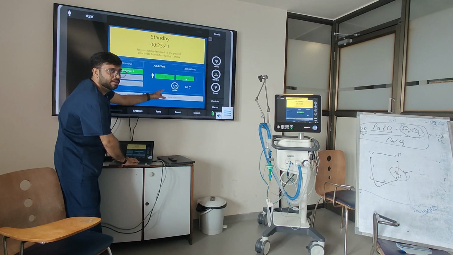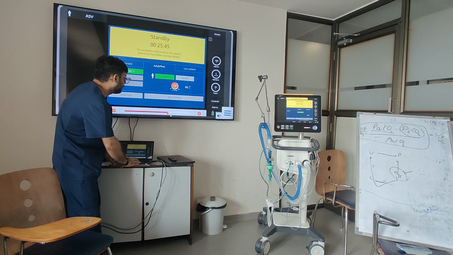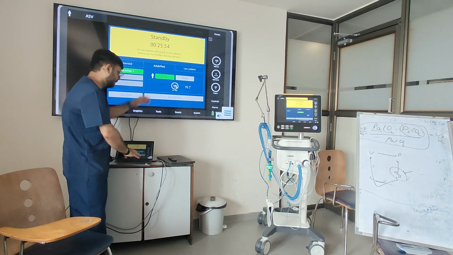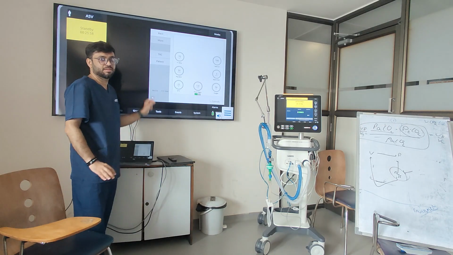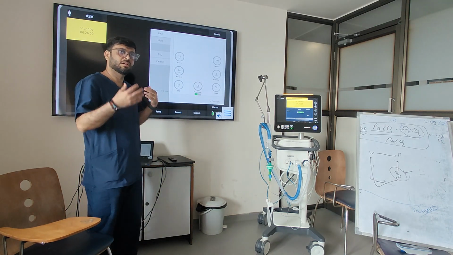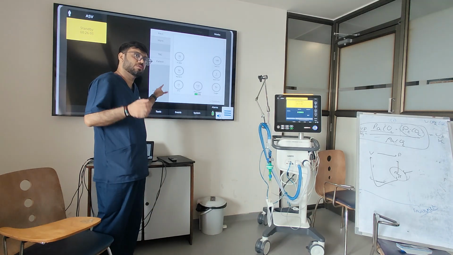Suppose my height is 170, but by mistake, it is something different, say I enter 180. The weight changes completely. Now 75 becomes my ideal body weight, and if you see my controls, my minute volume target has changed to 7.5 liters per minute. That means it is incorrect for me. So it is very important for us to set the height first.